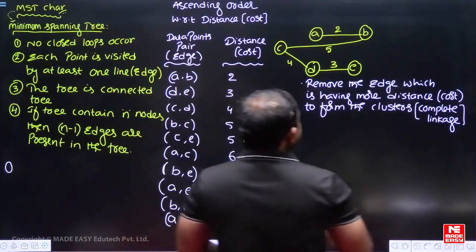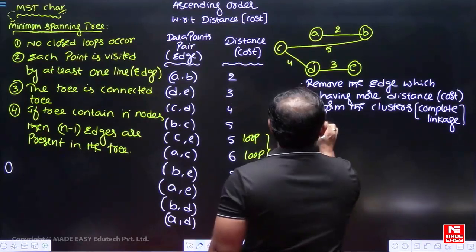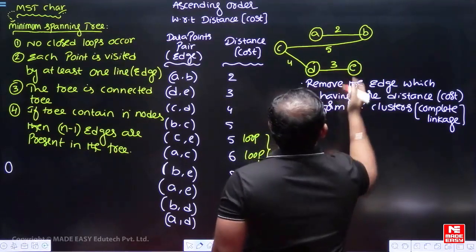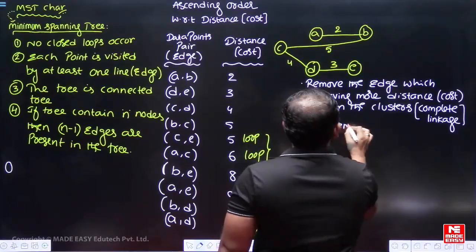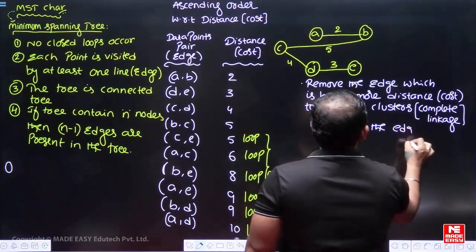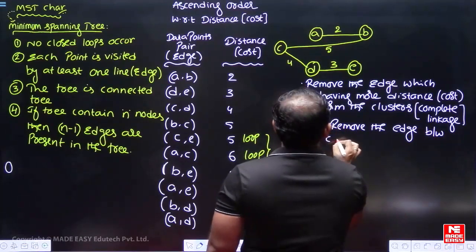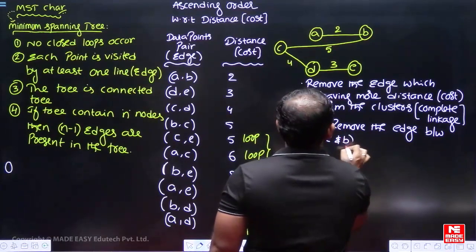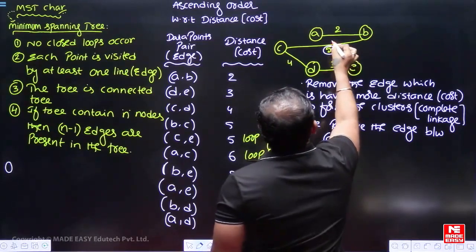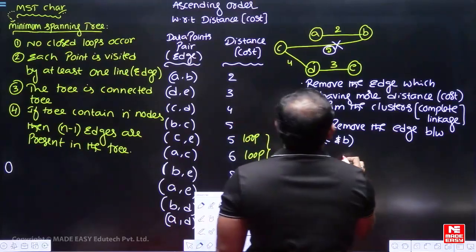All right. So now what do we need to remove? Remove the edge between C and B. This has more cost, therefore this will be removed. Now the graph will be reconstructed.